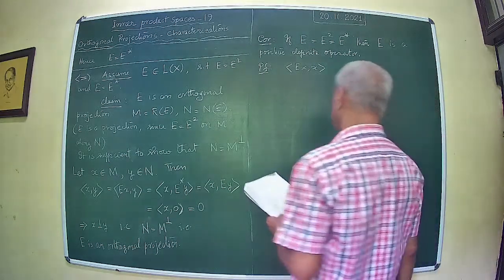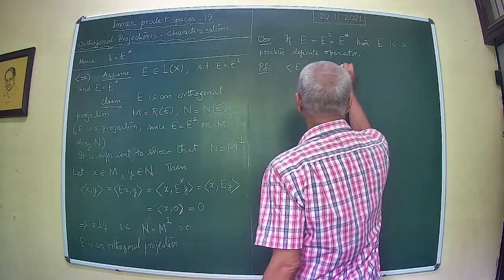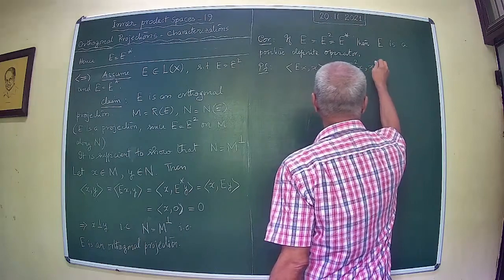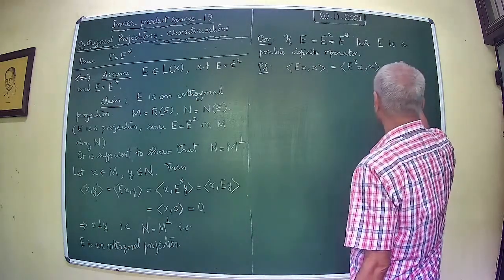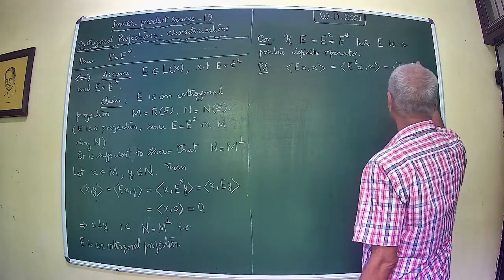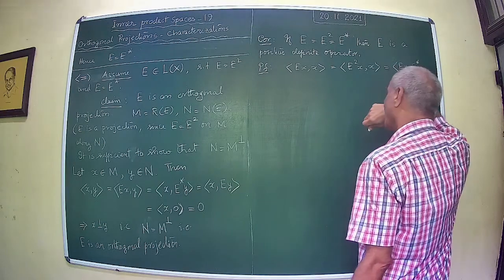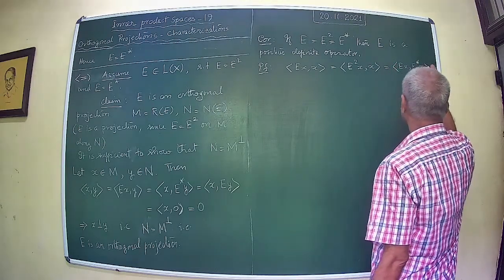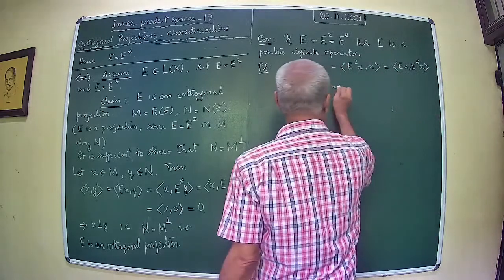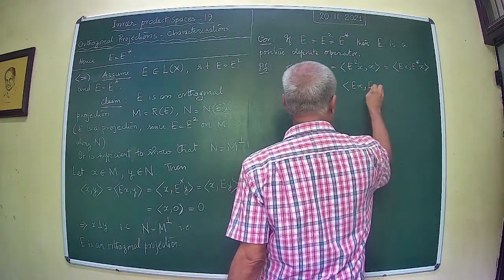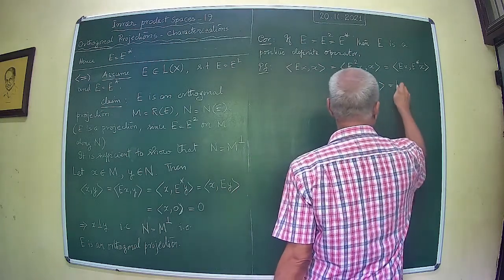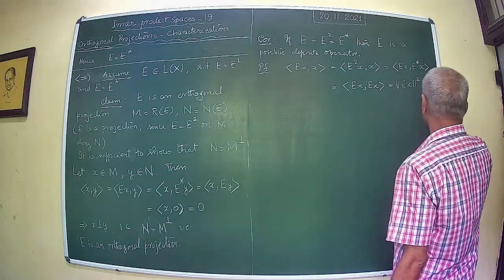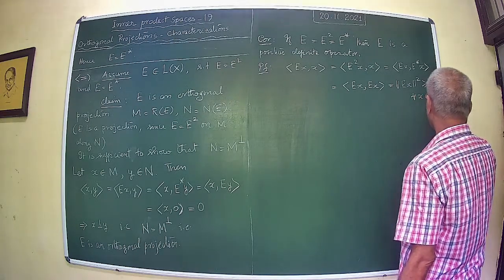For any x, Ex, x is equal to, by definition, because of the property that E is a projection, Ex, E star x, and this is equal to the norm of Ex squared, which is certainly greater than or equal to 0. Therefore, we have the result.